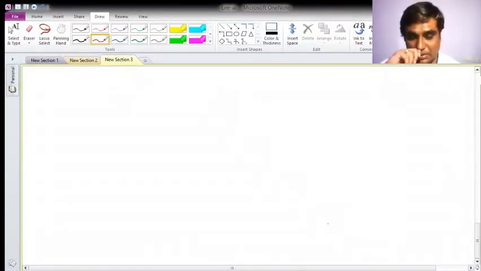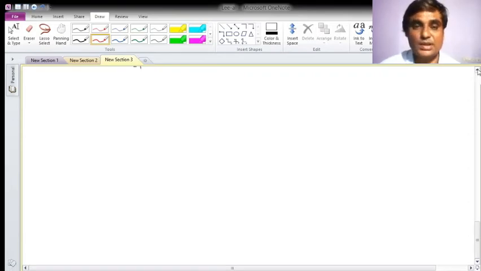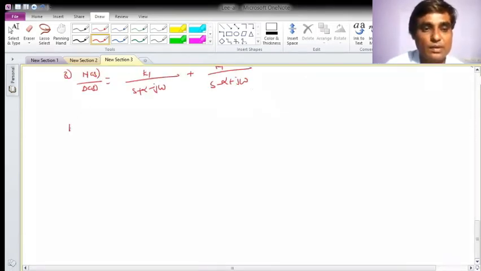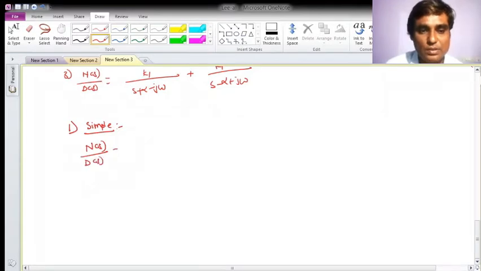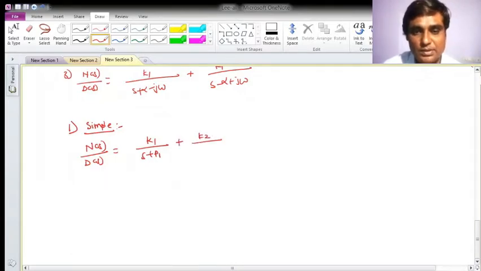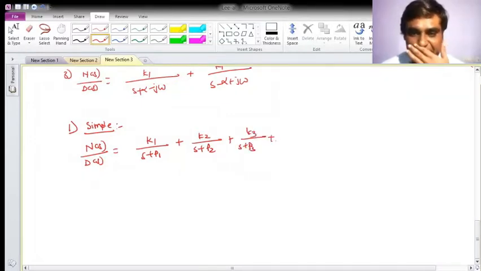Now next, we have to see how to find the values of the residues. We'll see one by one. If the roots are simple, how can you quickly find the residues? I have numerator and denominator, which will be k1 upon s plus p1, as we have already expressed, k3 over s plus p3, likewise.